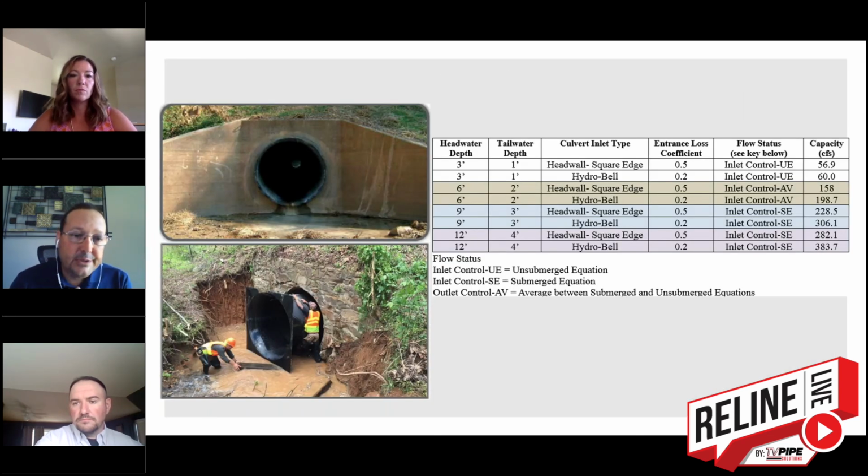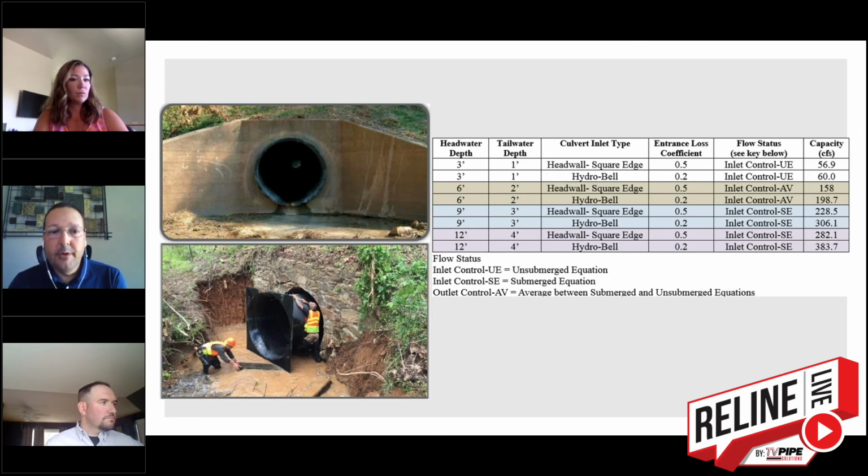So when we run the calculations, there's that square end that I'm talking about, even though it's with a wing wall, we basically have a flat end front, versus if we put a HydroBell that's got a nice rounded bell shape into it, and also has what we call a vena contracta. It's a little bit of a recess just beyond that inlet that helps the eddies have a place to get out of the way, as we describe it.